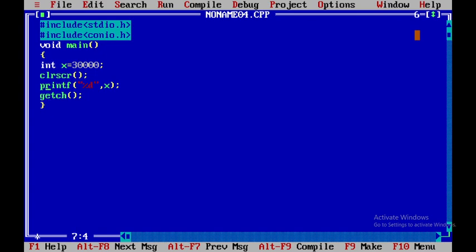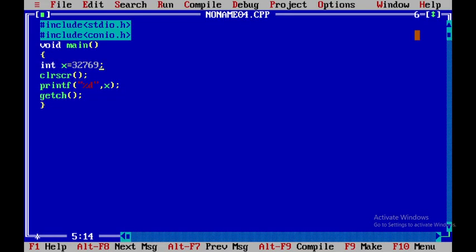But if you try to print here 32,769, it prints a negative number. Or if you write here 33,000, it does not give the correct output.